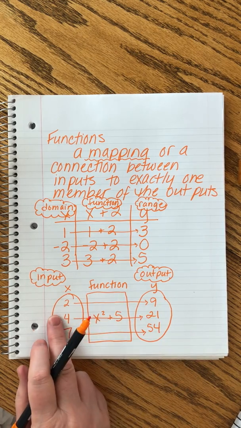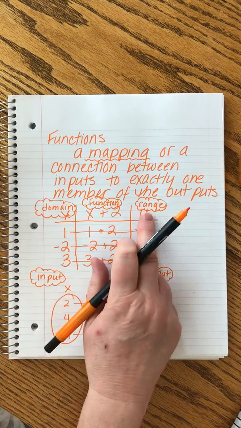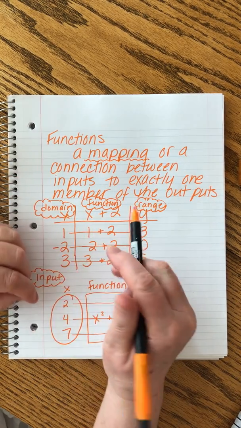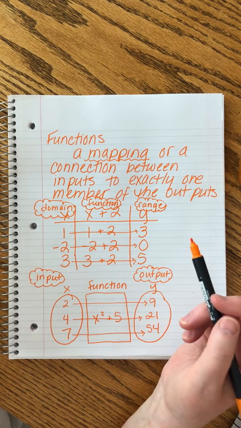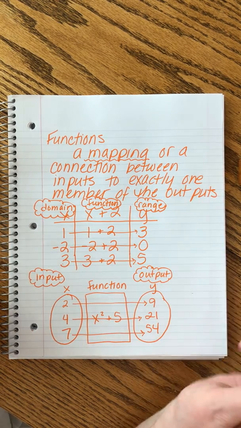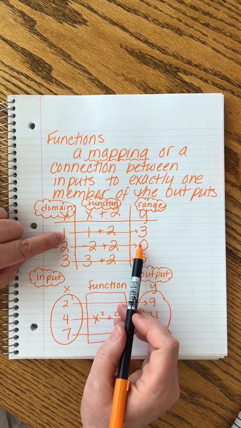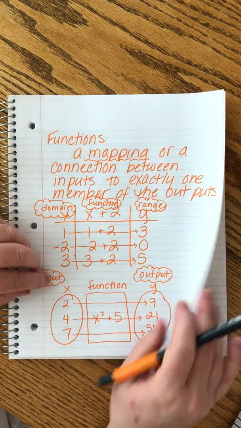We're just going to look at the relationship of inputs to outputs, the relationship of domain to range, same difference. And we're going to look and see if this rule has been met. Each input is connected to one and exactly one member of the outputs, right? We didn't say sometimes 1 is 3 and sometimes 1 is 0. No, that's ridiculous. 1 is always 3.